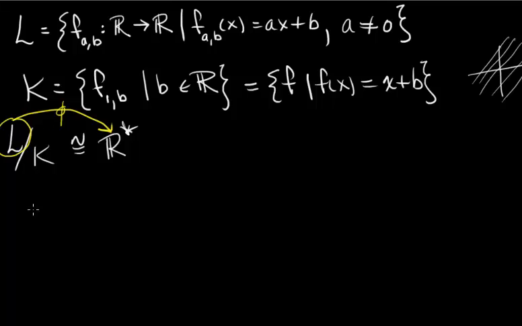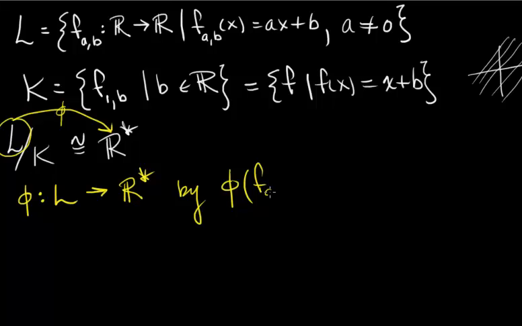So let's define our map. Let phi take L to the set of non-zero real numbers by phi of f sub a comma b will be equal to, well, let's let it be equal to a, the coefficient of x. Why?